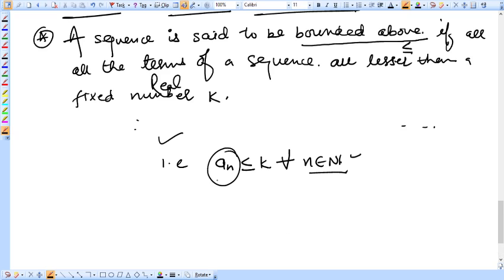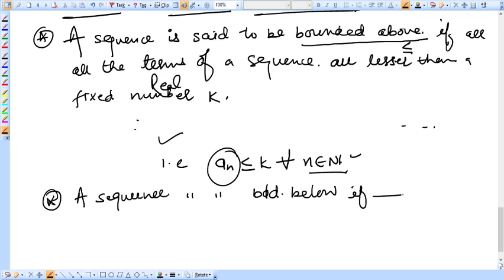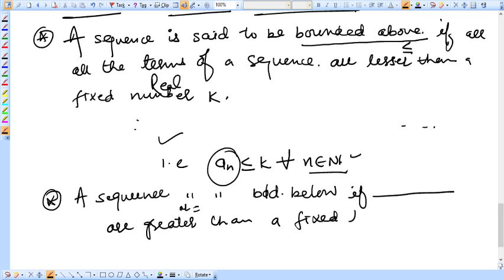Similarly, a sequence is said to be bounded below if all the terms of a sequence are greater than or equal to a fixed number, say h. अगर सारी टर्म इस सीक्वेंस की h से बड़ी है, then we call this sequence bounded below.